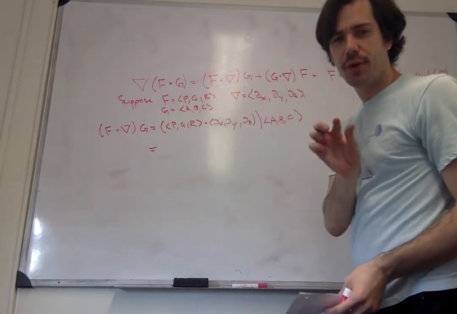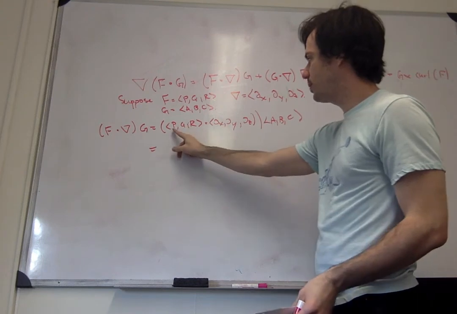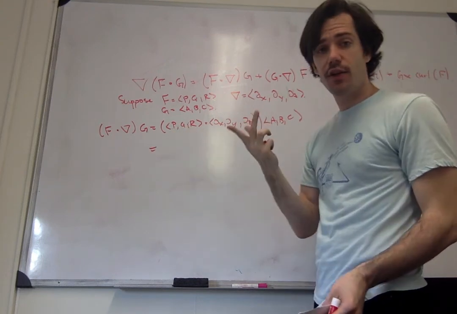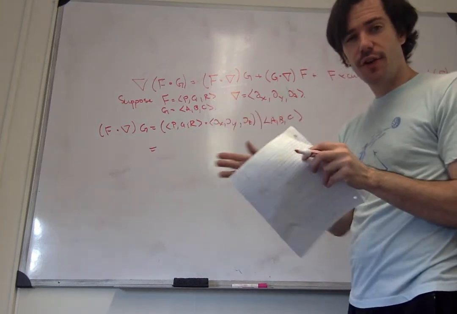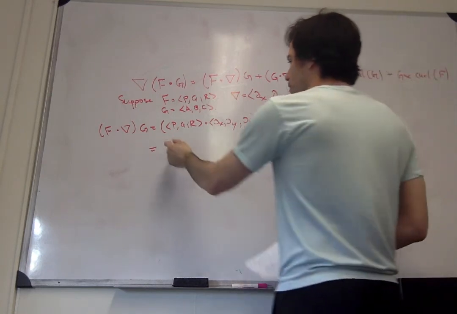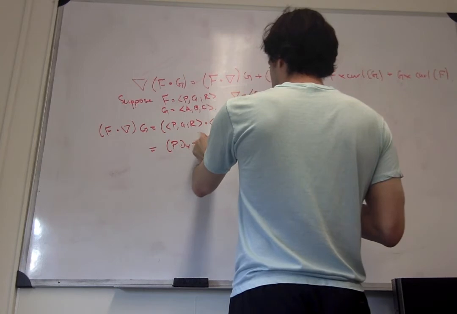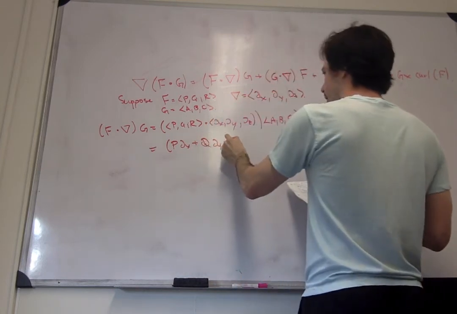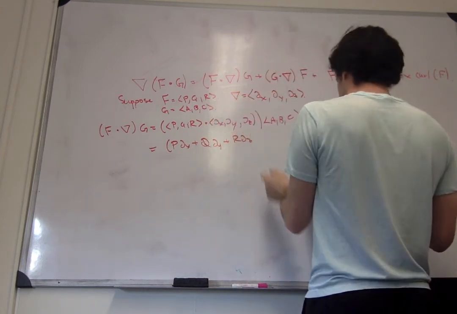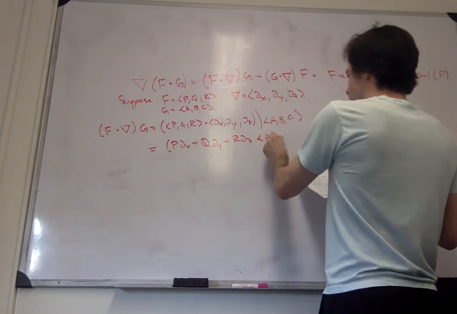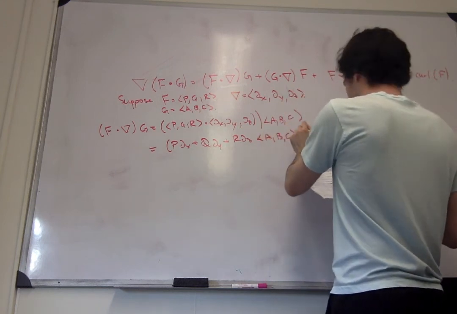It's important to keep the order in check, right? So P times that, not the other way around, because the order for that actually does matter. So you should get P del x plus Q del y plus R del z, then you get A, B, and C.